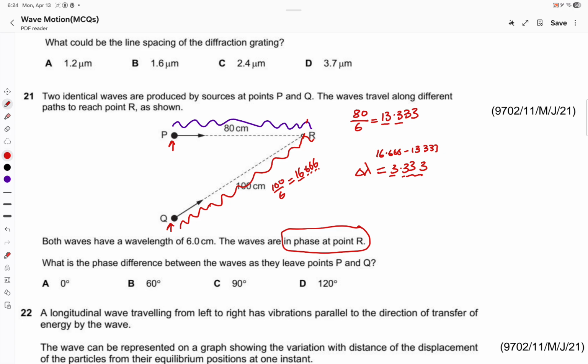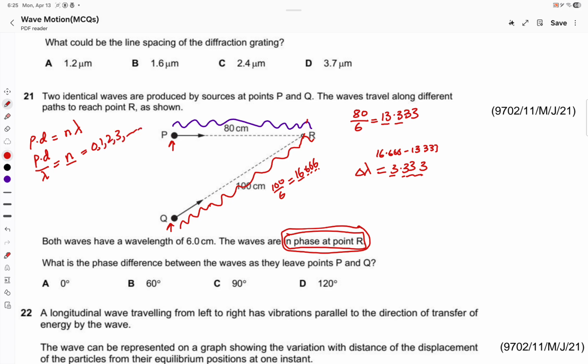The reason is that path difference must be equal to n times lambda. If two waves are in phase with each other, PD upon lambda should have the value of n equal to an integral multiple: 0, 1, 2, 3.